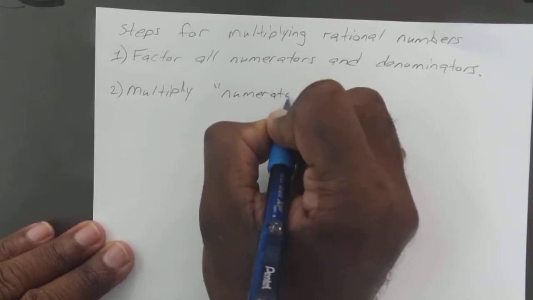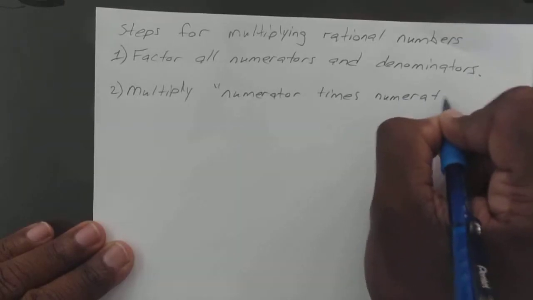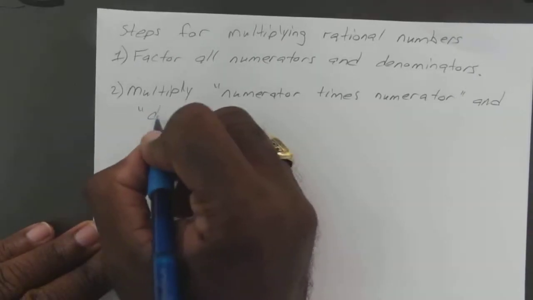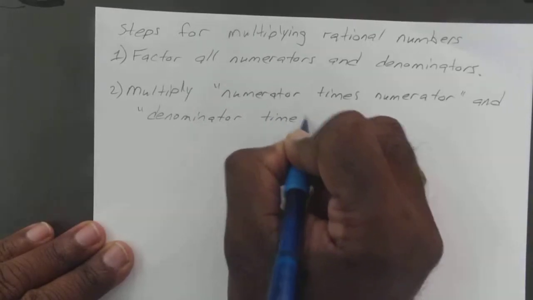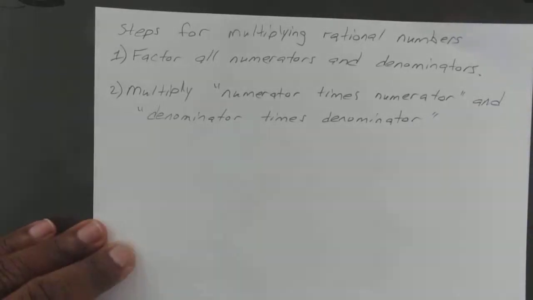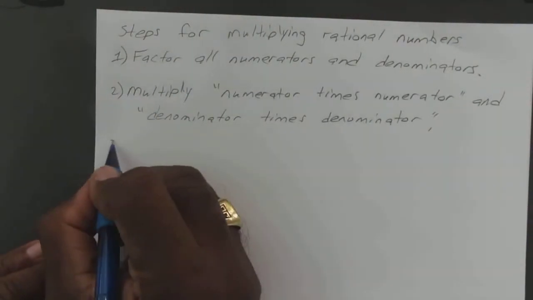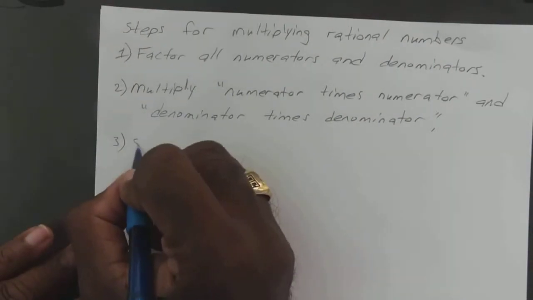So we have numerator times numerator and denominator times denominator. Okay. Now your third step is you're going to simplify it and cancel out only if you can, only if there's something that it has in common.